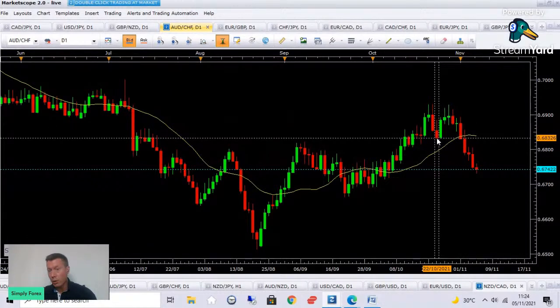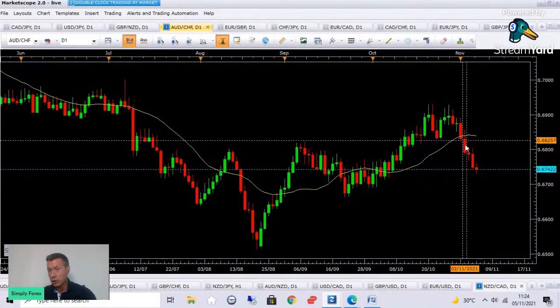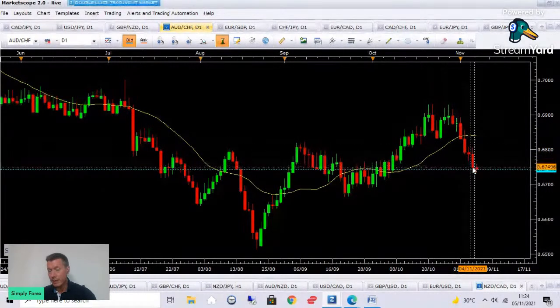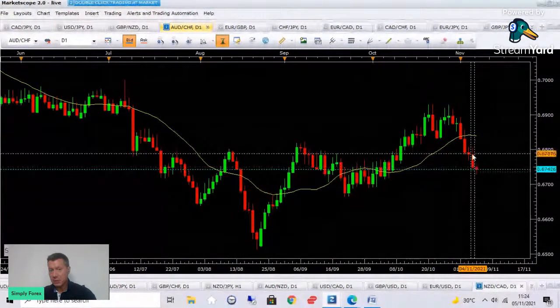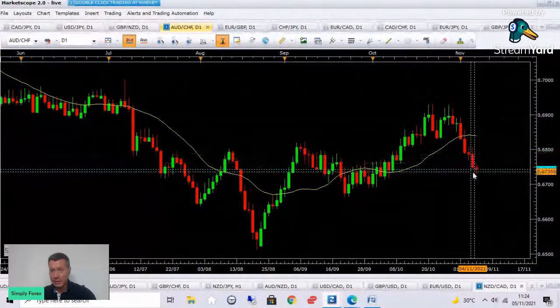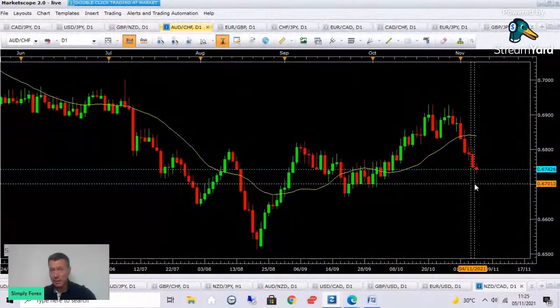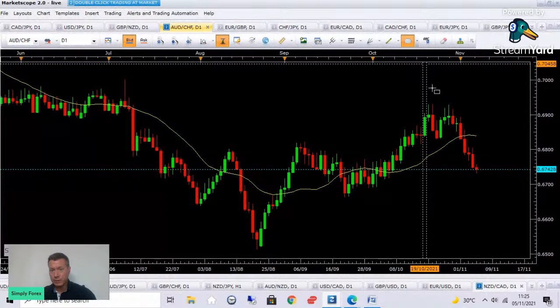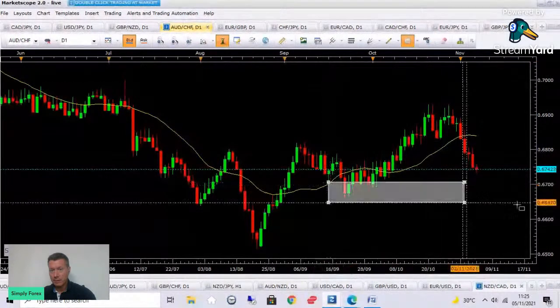We've got a low here that's been broken, so market structure is in a downtrend. We've got a large bearish candle from yesterday, and I think this trade could potentially come lower, potentially down to this area here.